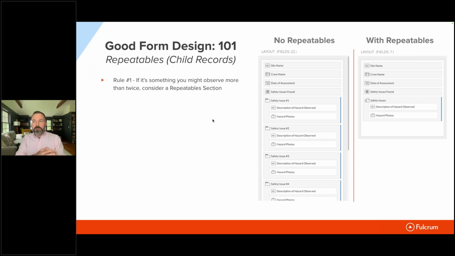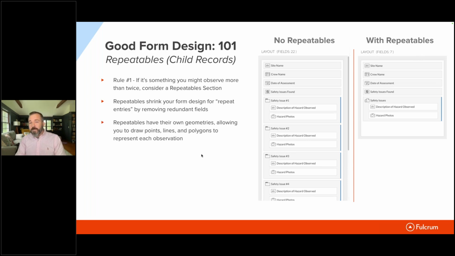You can still enter as many records and observations as you want, but if you only have less than a couple of observations or 3, you can build out sections for that if you really wanted to. The repeatables will shrink your form though. So if this were 10 different sections of a facility condition assessment and you're using dedicated fields for all of that, your form may grow to become 500 fields long. With repeatables, we can cut that down to a 10th. Repeatables have their own geometry.